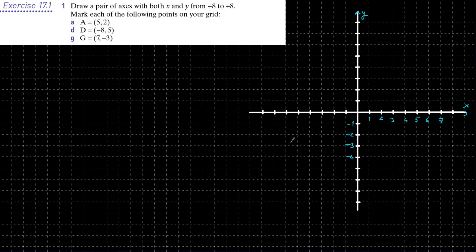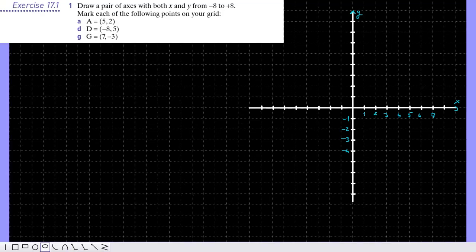I'm drawing one perpendicular line to the y-axis, which passes through -3, because the y value of the coordinate is -3. And I'm drawing the line which is perpendicular to the x-axis, which from 7 has to pass through.